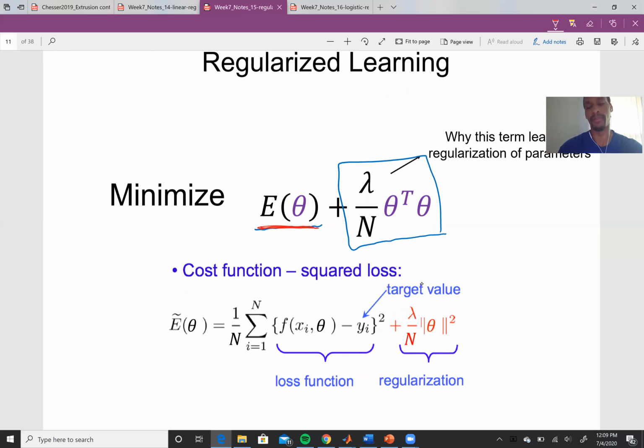Okay. So basically we've added this regularization term that penalizes the norm of your parameters. So this is the norm of your parameters, and you want to minimize this cost function.